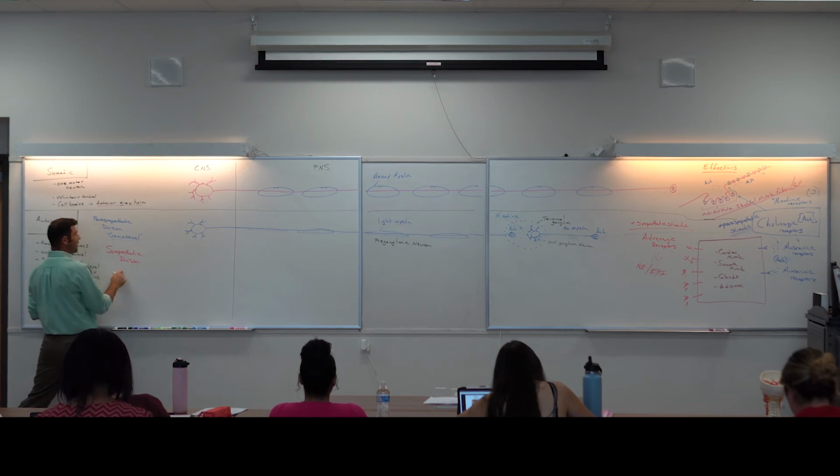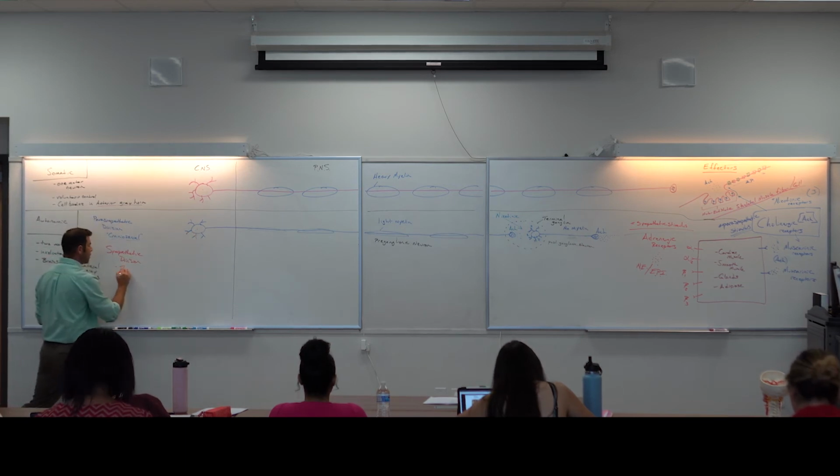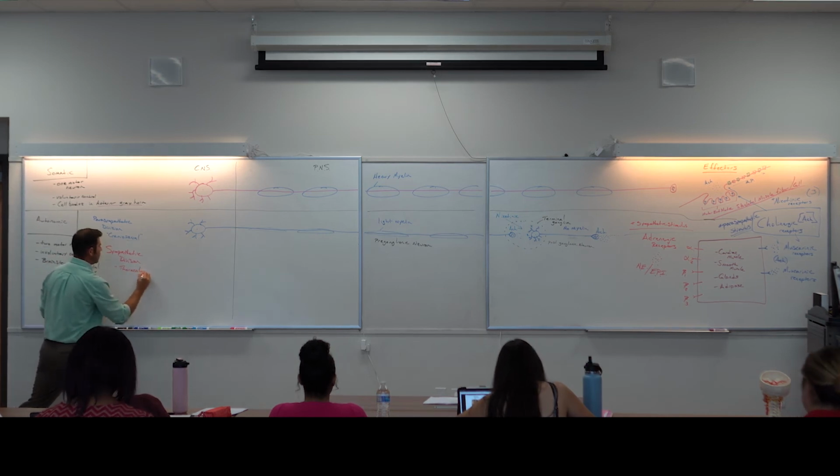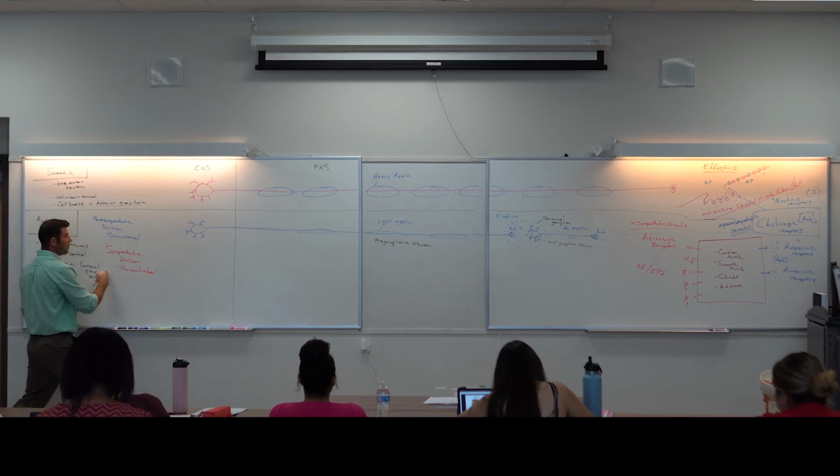It's sometimes referred to as the thoracolumbar division because the neuron cell bodies originate either in the thoracic region or the lumbar region of the vertebral column.